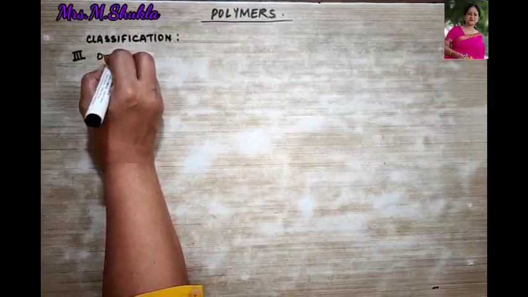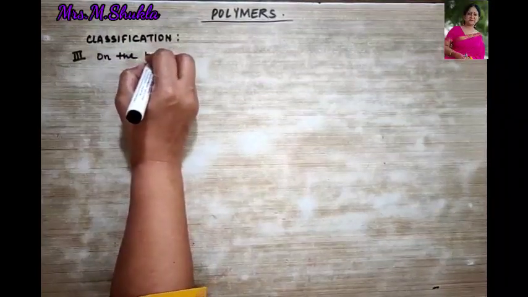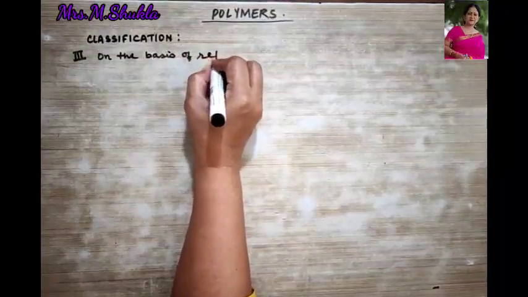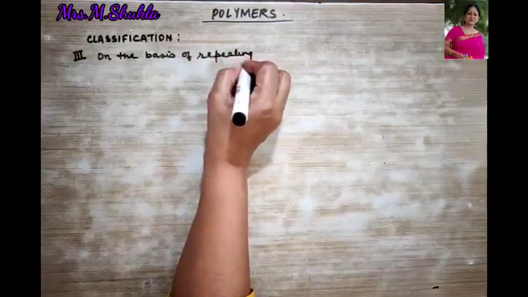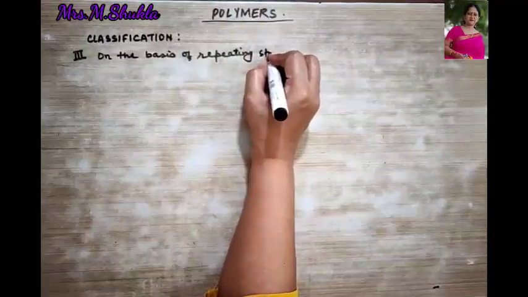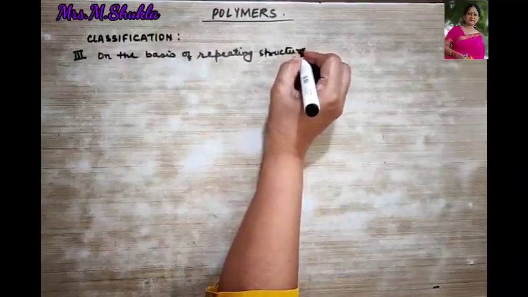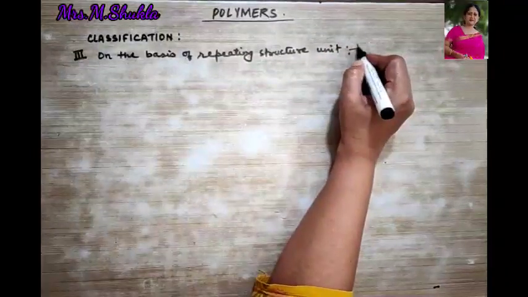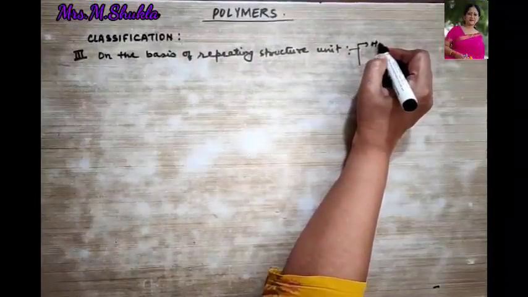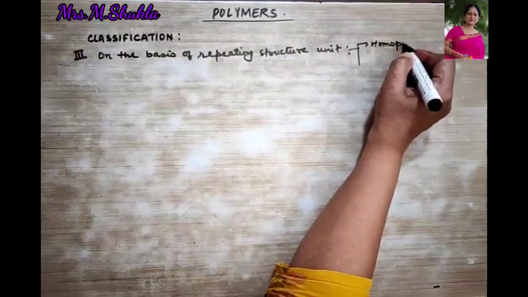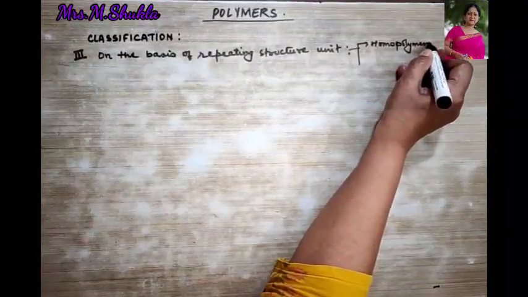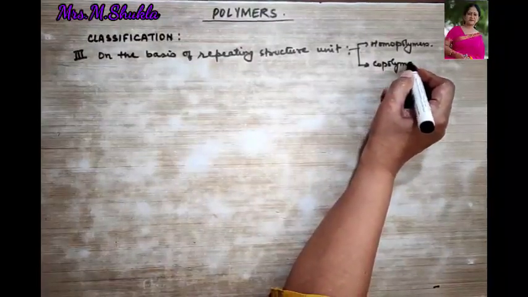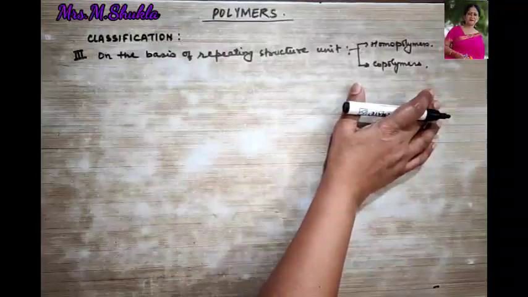Okay, on the basis of repeating structure unit, they are of two types. What are they? They are homopolymers and they are copolymers. This I had explained to you yesterday.